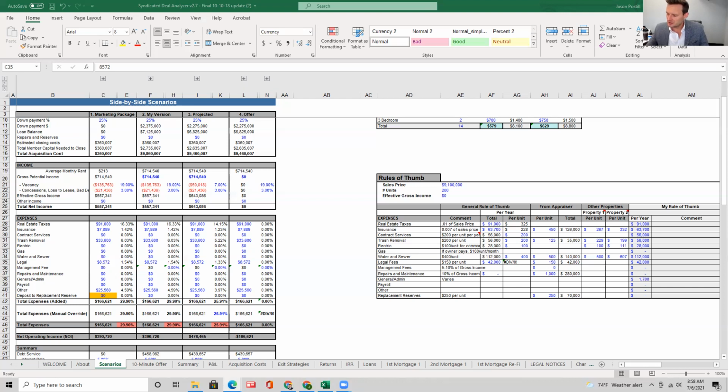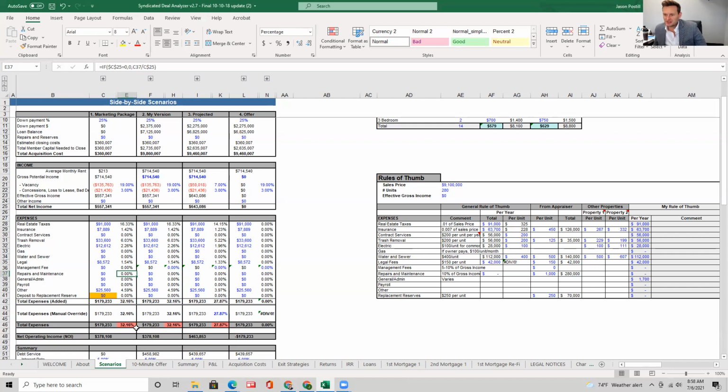So for utilities, we're looking at 12,600. Electric, we'll call that electric and gas, 12,612 for the year.